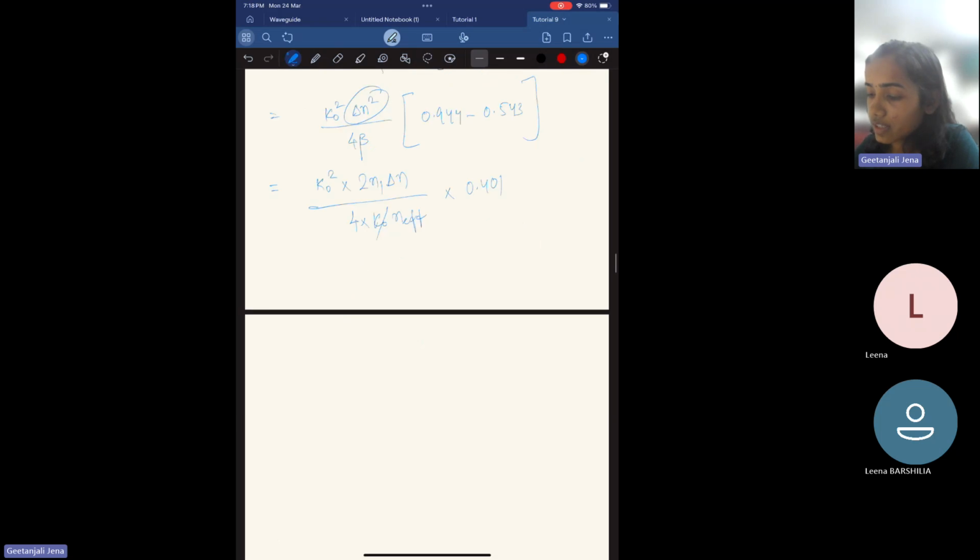So k0 will cancel, and you can take n1 as n effective as an approximation. Then it will also cancel, 2 will cancel, 4 will cancel. So what we have is k0 delta n over 2 n effective.